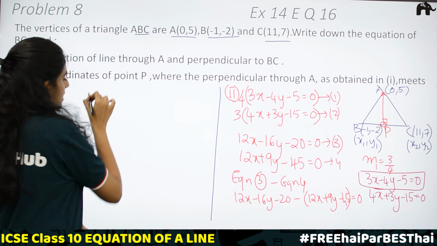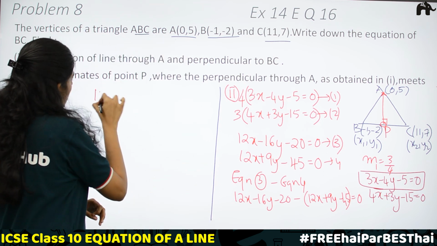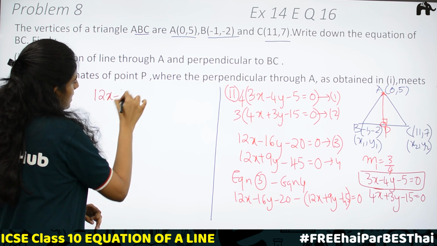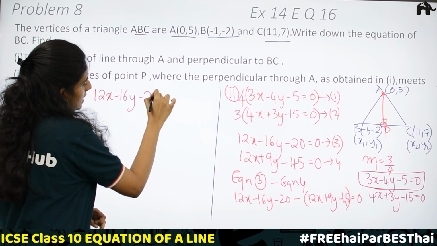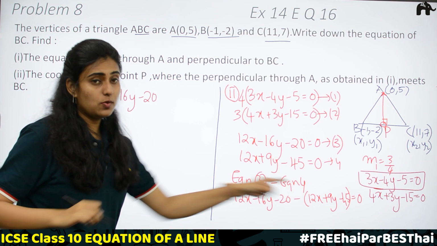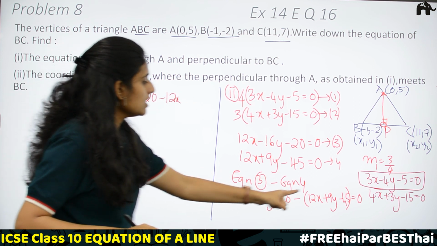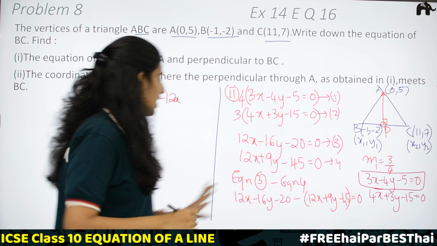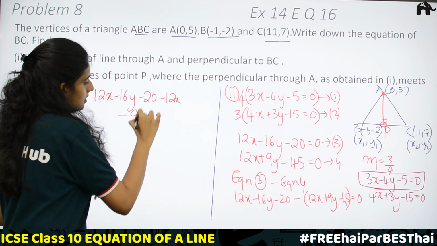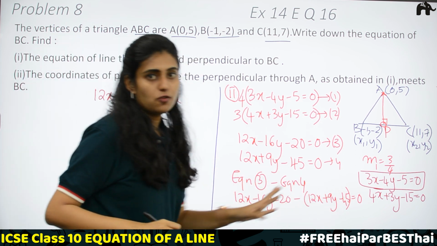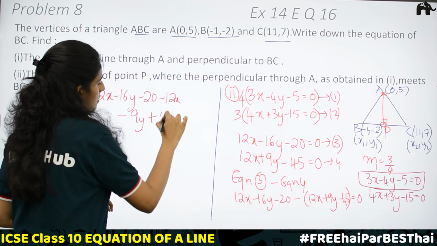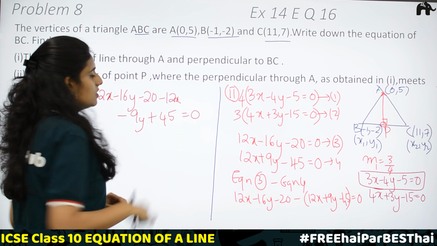Removing the brackets and distributing the negative sign, we get 12x minus 16y minus 20 minus 12x minus 9y plus 45 is equal to 0.